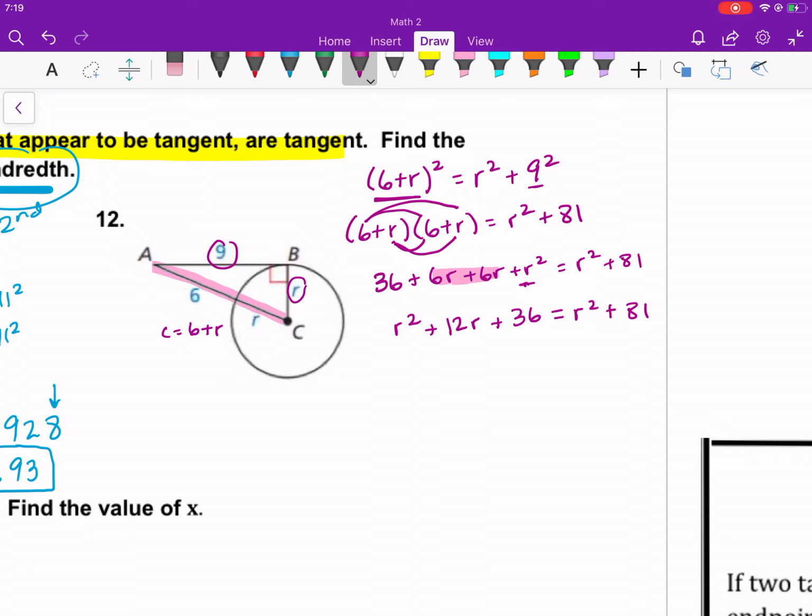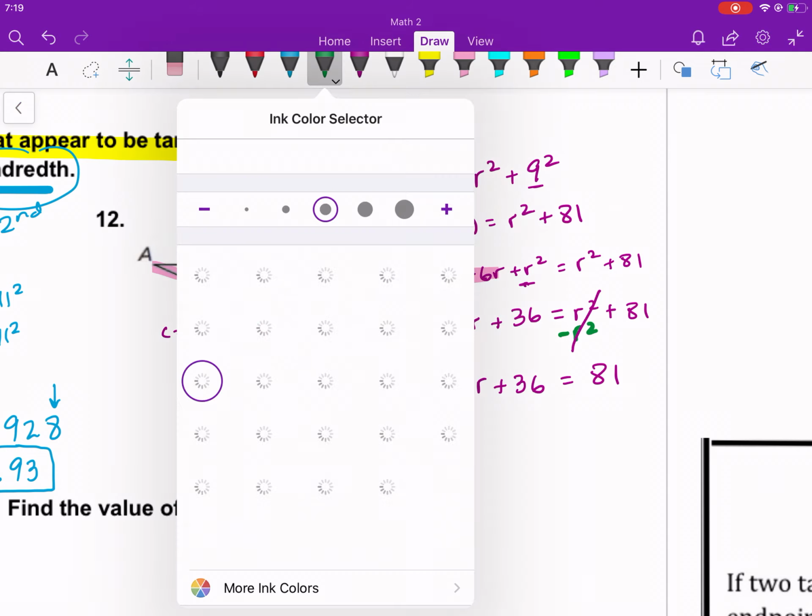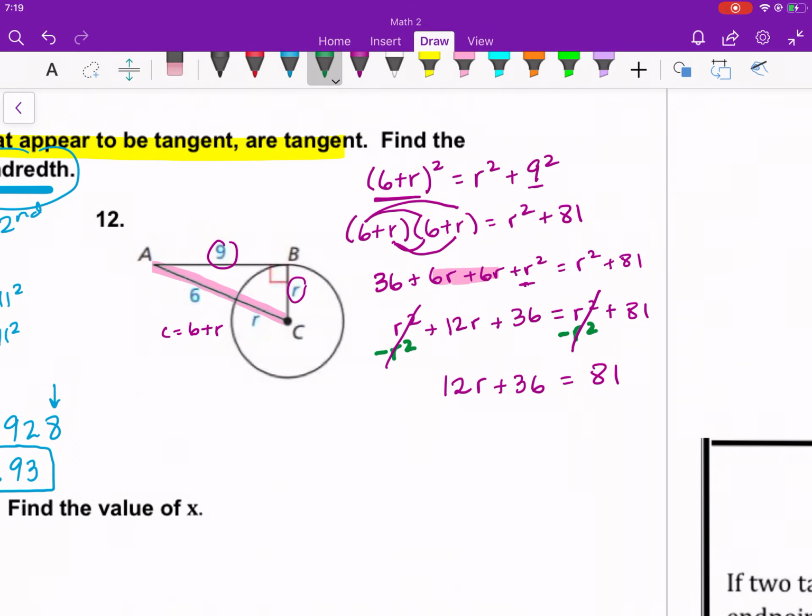So we'll go ahead and go from there. Let's subtract r squared from both sides. Oh, this one's a fat marker. Well, that actually is nice because then our r squareds are gone. We're left with 12r plus 36 equals 81. Let's make that a little smaller. So then we can subtract 36 from both sides.